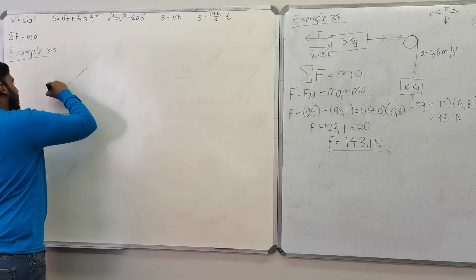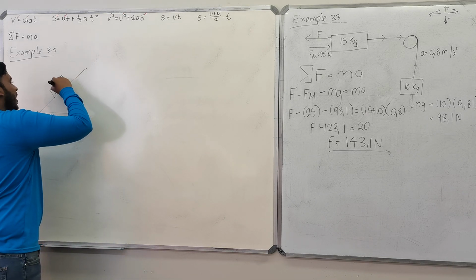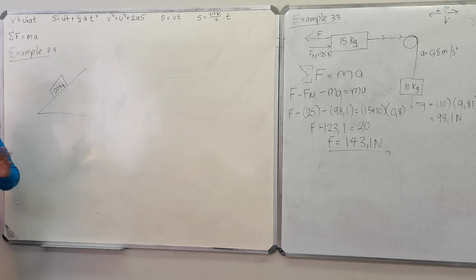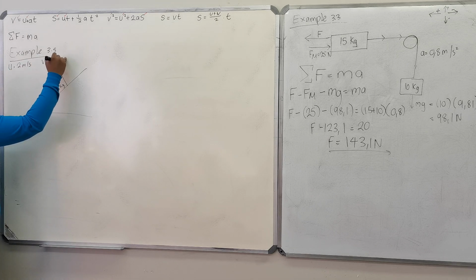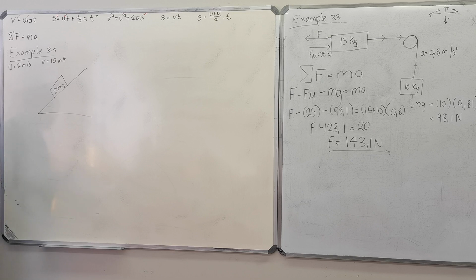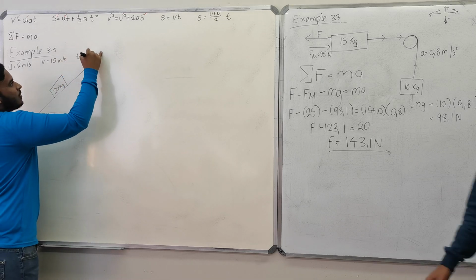You have a mass of 20 kgs which accelerates uniformly from 2 meters per second to 10 meters per second. So its initial velocity is equal to 2 meters per second. Final velocity is equal to 10 meters per second. The time taken for it to go from there to there is equal to 50 seconds.